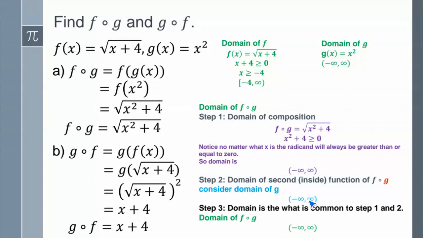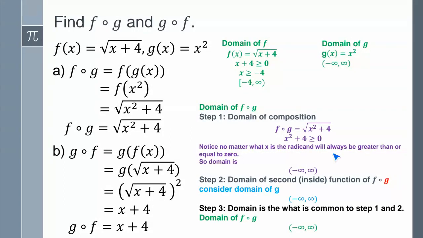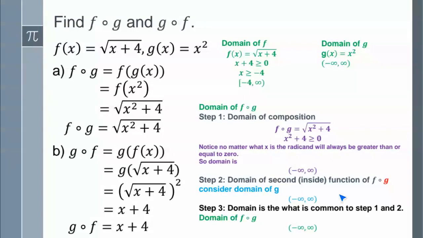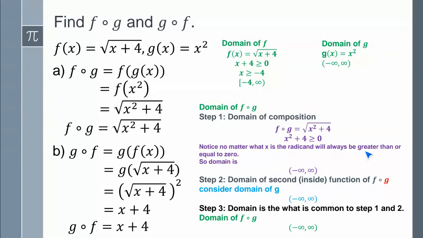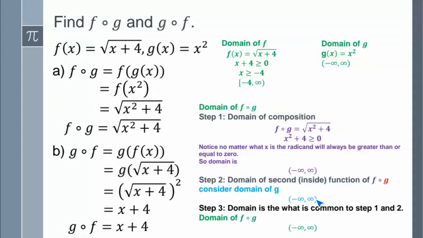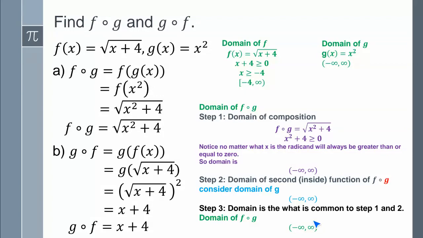And then step 3 is to take what is common to step 1 and step 2. In other words, their intersection. So we're going to take the common thing here. Well, if we have negative infinity to positive infinity and negative infinity to positive infinity, then they have everything in common. So that would be our answer. Okay, so negative infinity to positive infinity.